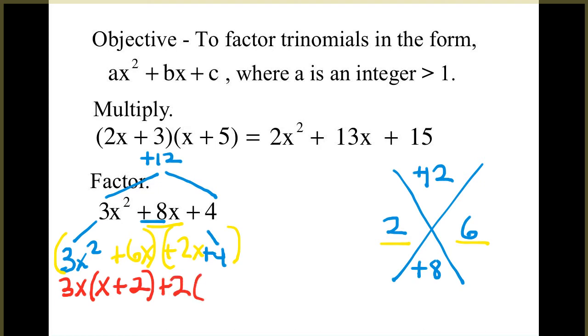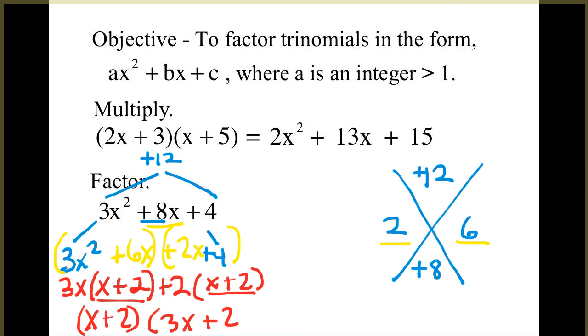And I'm left with x plus 2. If I divide out my common binomial factor of x plus 2, right there and there, I will be left with 3x plus 2.